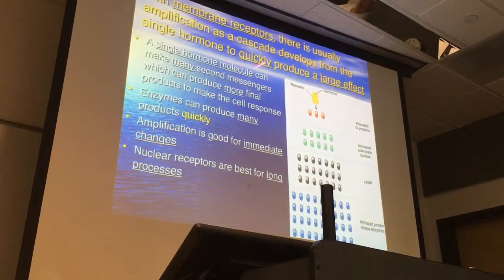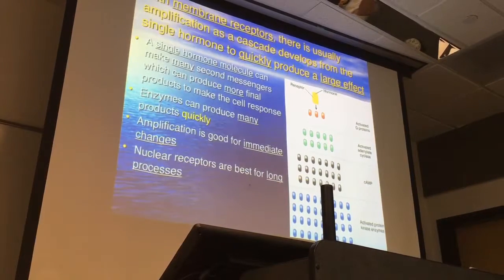What kinds of things do you think you would want to have a quick response to? Name a hormone where you would like to have a quick response. Insulin, yeah. Blood glucose level has gone up, and insulin, boom, produces a huge response by a water-soluble hormone. What about epinephrine? How quickly would you like to have changes to your physiology when you all of a sudden have epinephrine being secreted in a crisis situation?